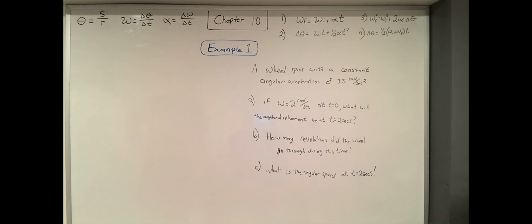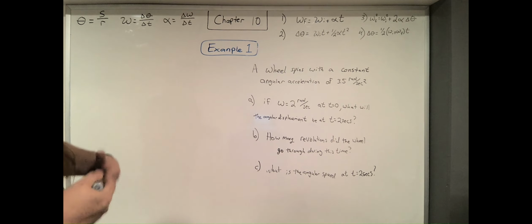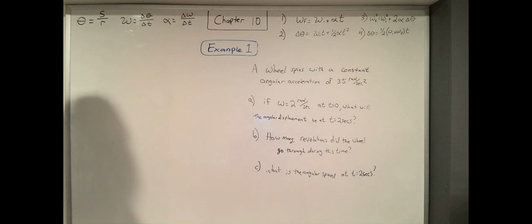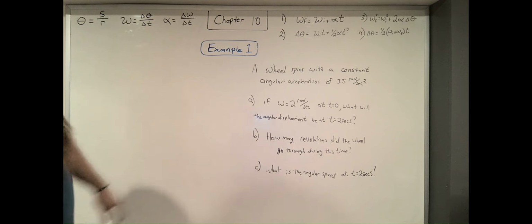It's getting faster and faster. Just like a regular acceleration in a linear format, angular acceleration just means that it is speeding up rotationally. So it speeds up with 3.5 radians per second squared. Now that's the normal unit for that.